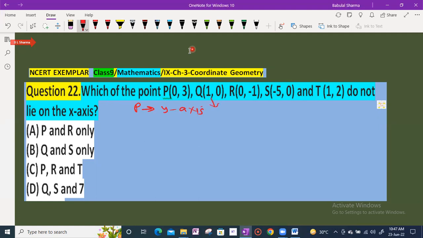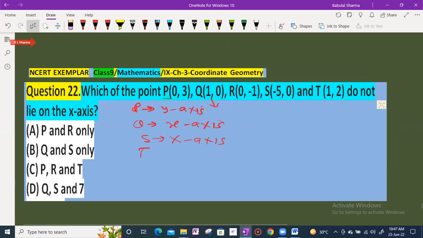This Q, y coordinate is 0, so point Q will lie on x-axis. Point S, here y coordinate is 0, so will lie on x-axis. Here T point किसी भी एक्सिस पे लाई नहीं करेगा, because neither x is 0 और y is 0.